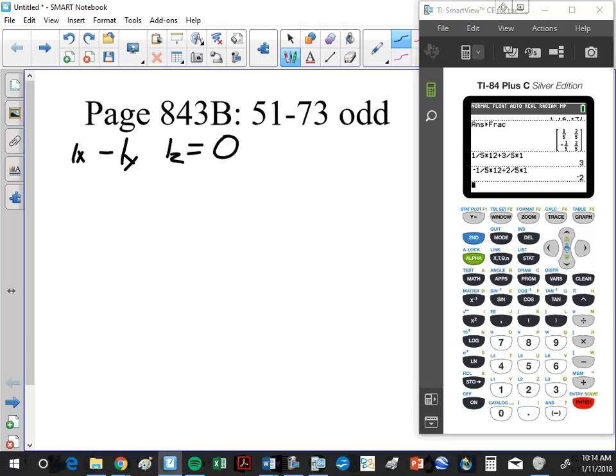And then 1x plus 1y plus 1z equals 2. And then -x plus 2y plus -3z equals 1.